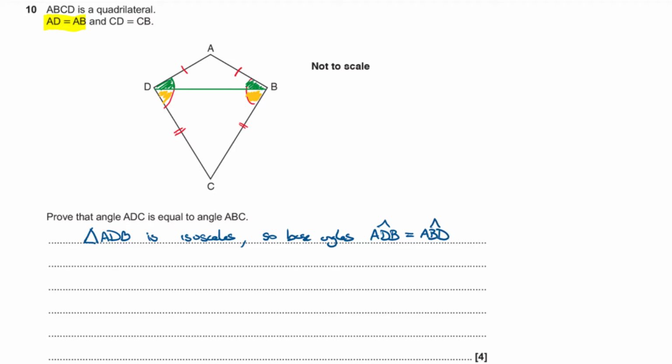Okay, so those two angles are equal. And we can also say that triangle CDB is isosceles. So base angles, what we've got this time, CDB is equal to CBD. Okay, so those two base angles are equal, and those two base angles are equal.